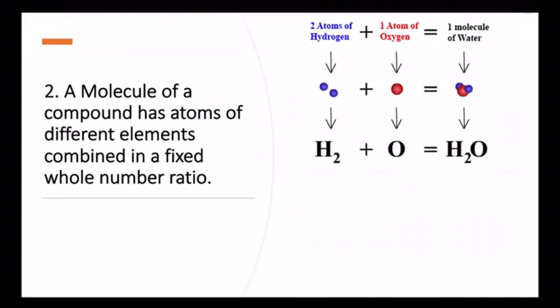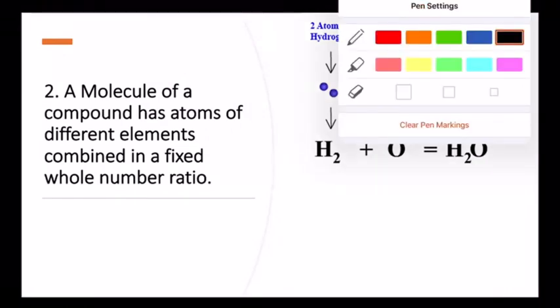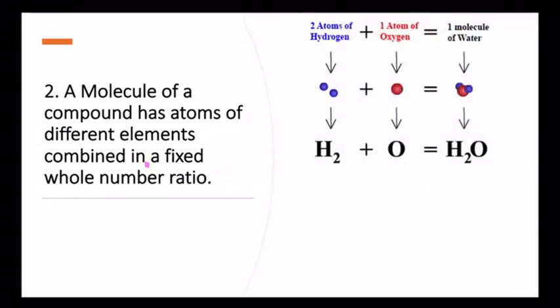Next characteristic: a molecule of a compound has atoms of different elements combined in a fixed whole ratio. This I have taught you in the initial slides. They always combine in a fixed whole ratio.